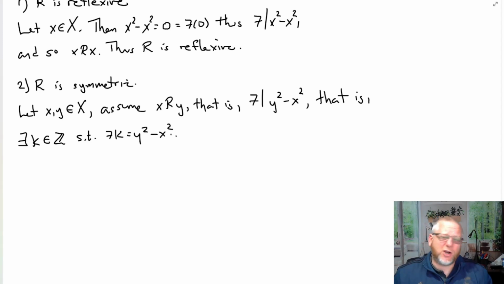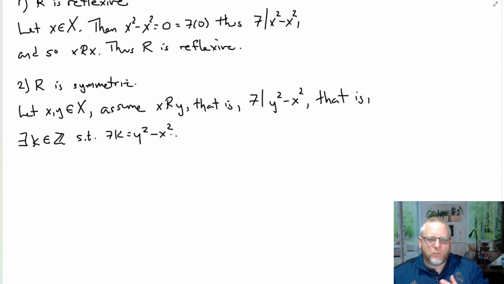Now what do I want to show? I want to show that y must be related to x. You could write, it remains to show that y is related to x, that is, 7 divides x squared minus y squared. Or in other words, there exists some m so that 7 times m is x squared minus y squared. That's the same thing we just wrote, but switching the x and y around.